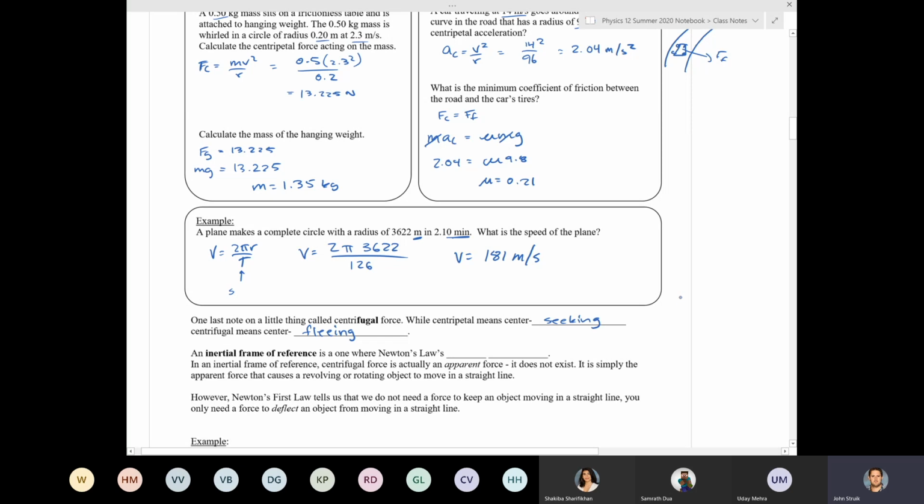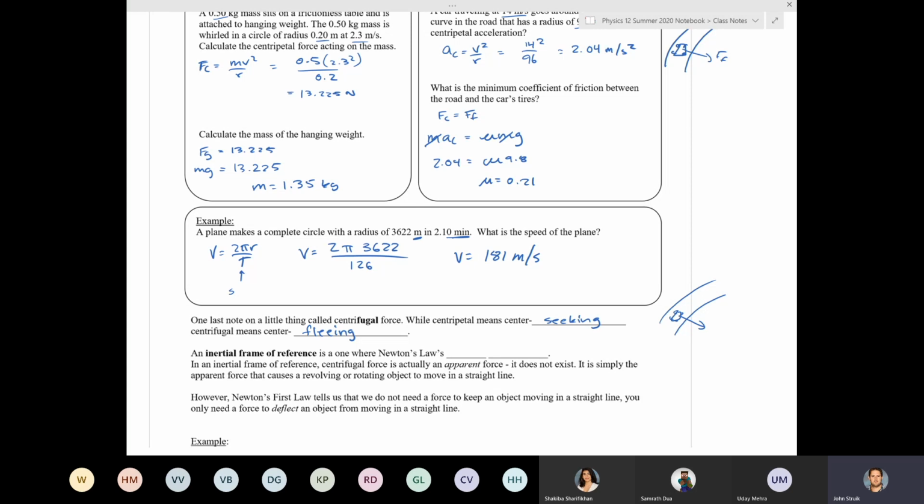So if you think about a car, let's say, the car will be going in a circle this way, but everyone in the car will not be experiencing the same thing. The car has the friction applied to it, which is why it turns.